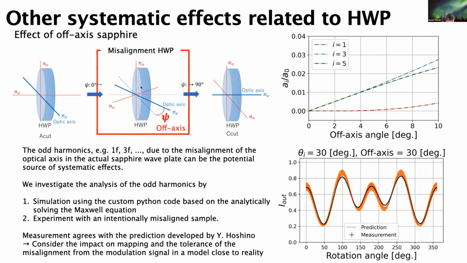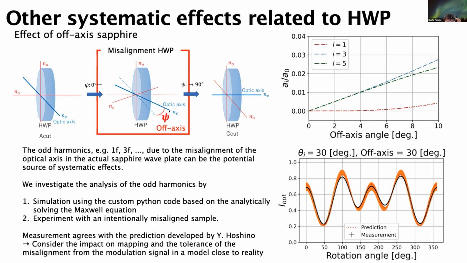We call it the off-axis, and this misalignment of the optic axis produces odd harmonics, the 1F and 3F, and this value increases with respect to the off-axis angle. This can be a potential source of systematic effect, so we need to model the off-axis effect.